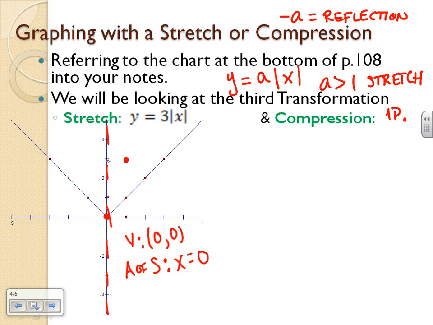Once again, your axis of symmetry acts like a mirror, and this has a reflection on the other side. There's our 3 points to create our V shape. And as you notice, this V got skinnier than the original parent function because it has been stretched upwards.